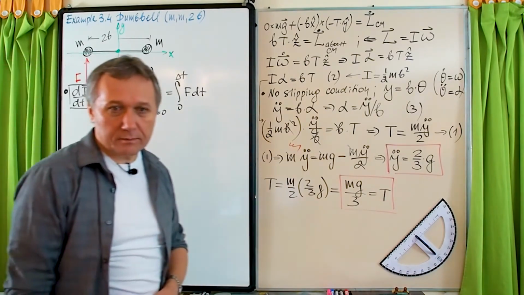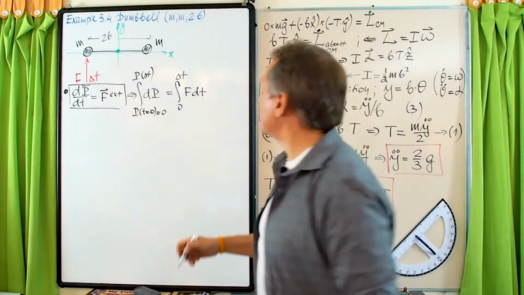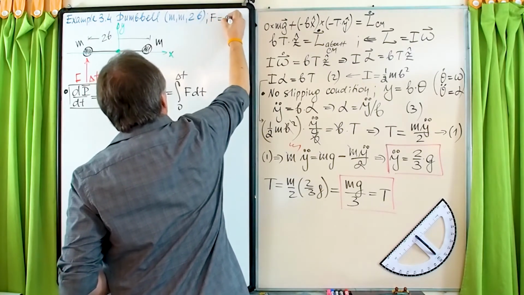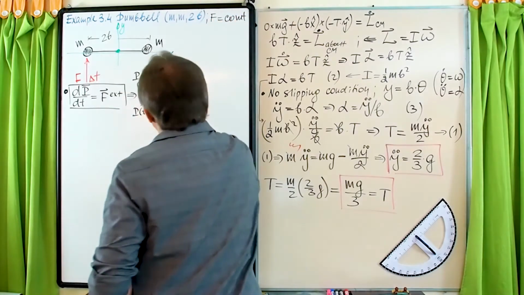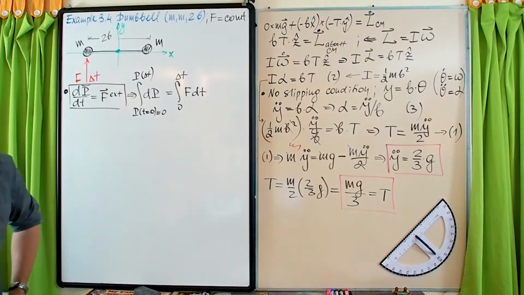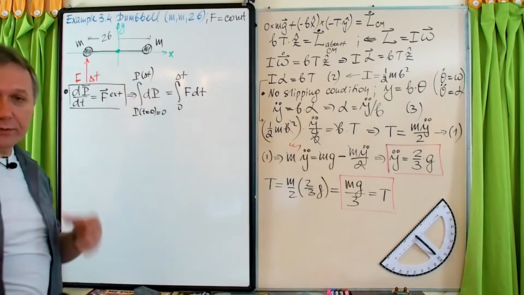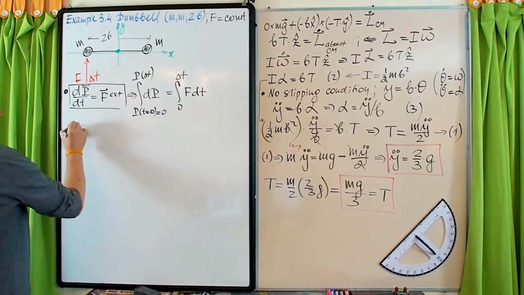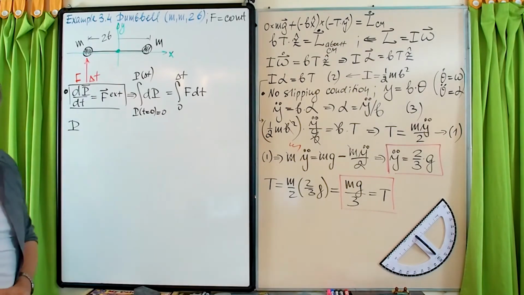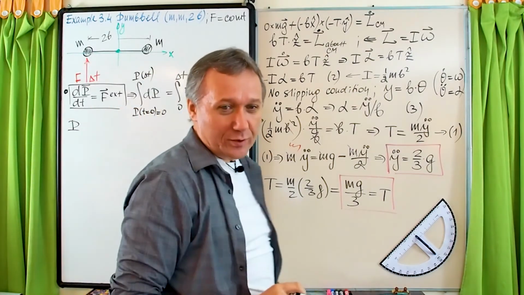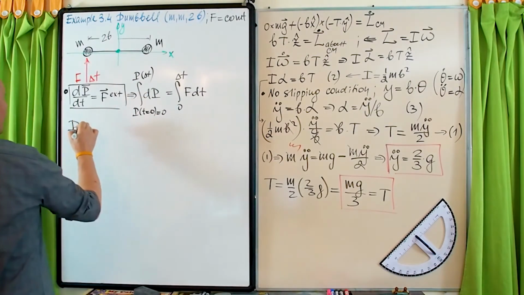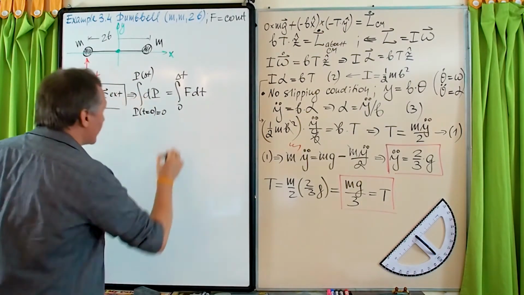F is constant. Yeah, probably I should emphasize that. It's a constant force which acts over the period of time delta t. And of course, integration is trivial because of that. So as a result, we will end up with the amount of linear momentum given to the system, donated to the system, dumped into the system, equal to, I think it's a vector form, yeah.